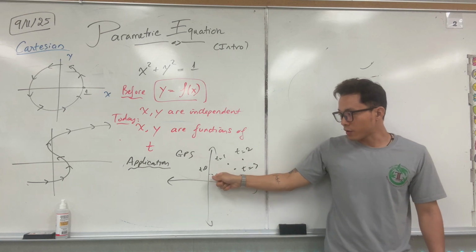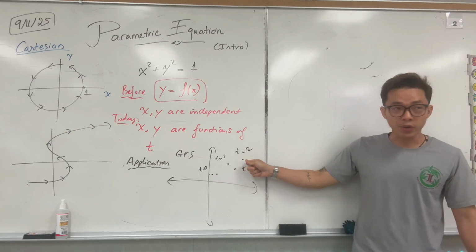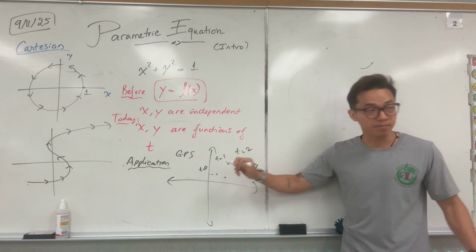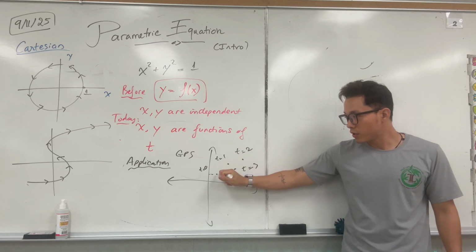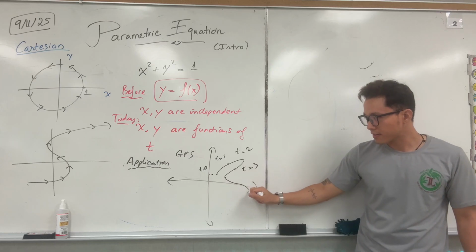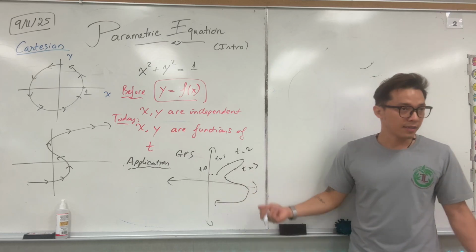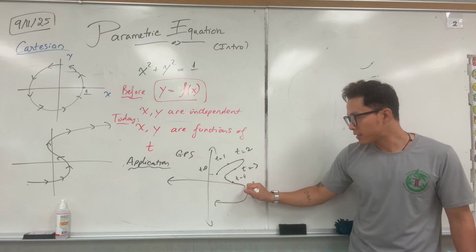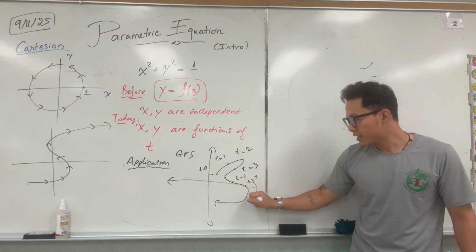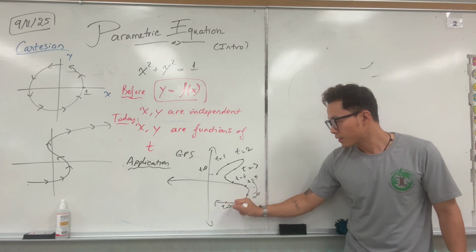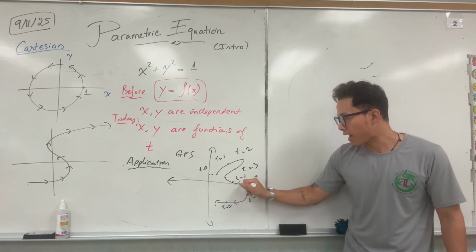Like t equals 0 here, t equals 1 here, t equals 2 here, t equals 3 here, t equals 4 here, and then t equals 5, 6, and 7 here, with arrows to show the way. This is how GPS works.